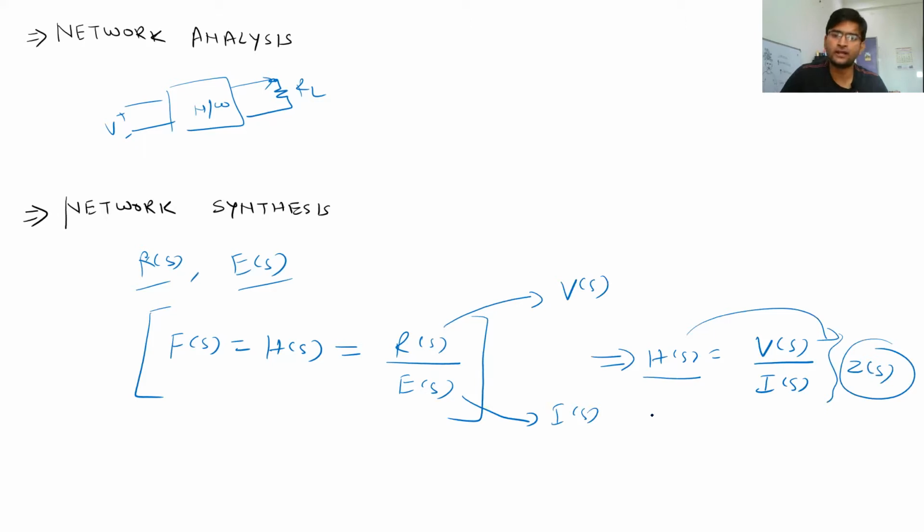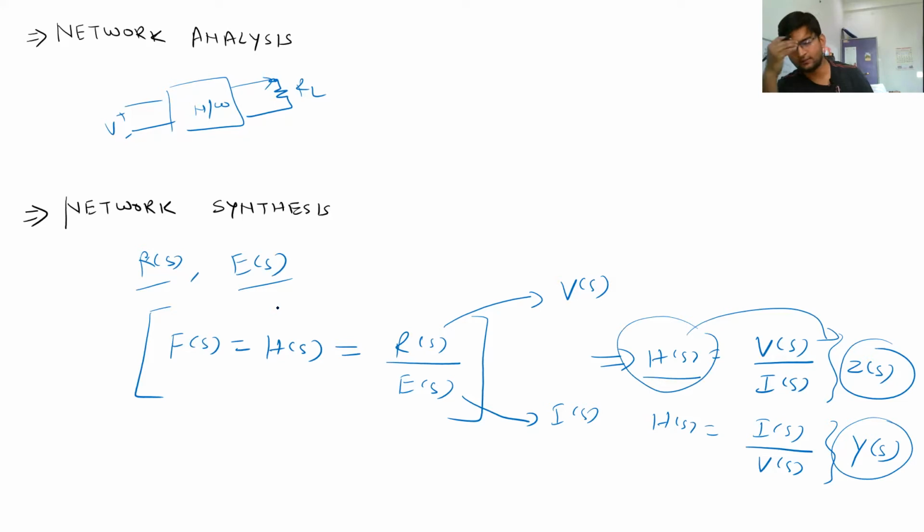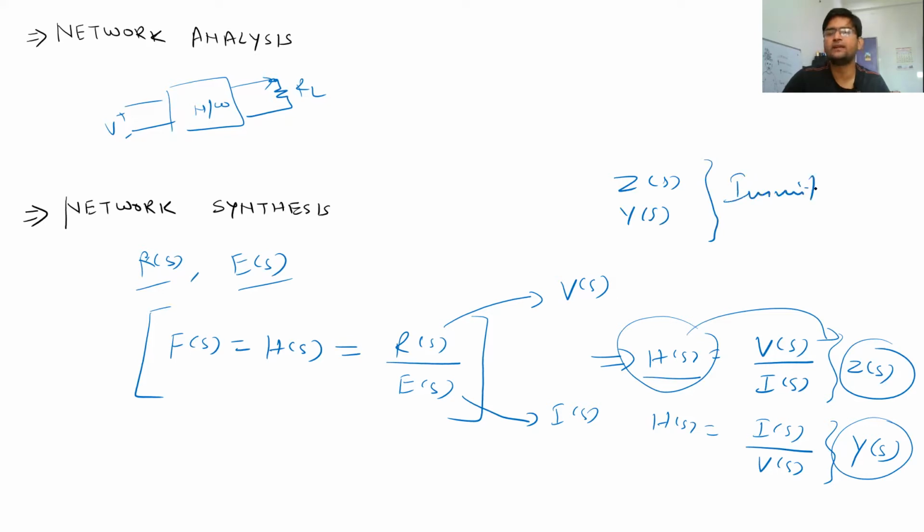Now, on the contrary, if this R(s) is I(s), which is in the form of current, and E(s) is in the form of voltage, then just the opposite will happen, and this H(s) will now represent the admittance function. So this H(s) or F(s) function, whatever you see in any book or lecture video, will either represent the impedance function or the admittance function, and collectively these Z(s) and Y(s) functions are called the immittance function.